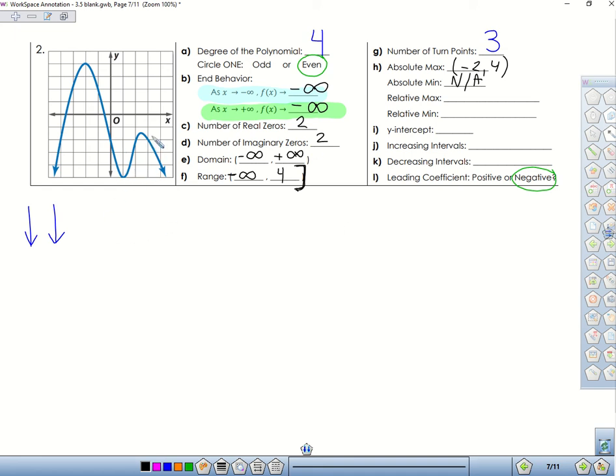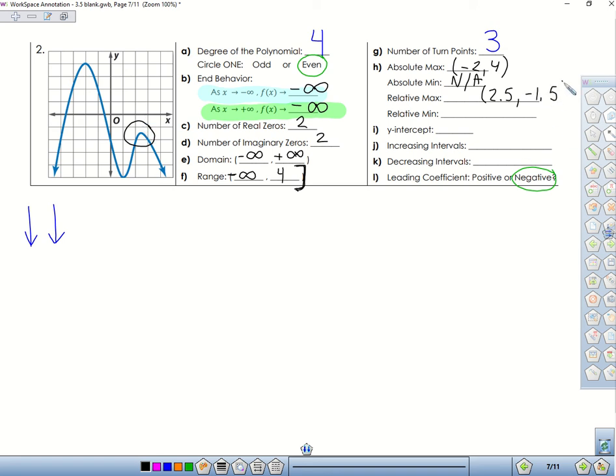So let's look at our relative maximum. Our relative maximum is this one right here. You guys see that? Because that's the other change. That is a hill. So what are the coordinates? It's kind of a gross coordinate, but I think it's 2.5, comma, 1.5, negative 1.5.